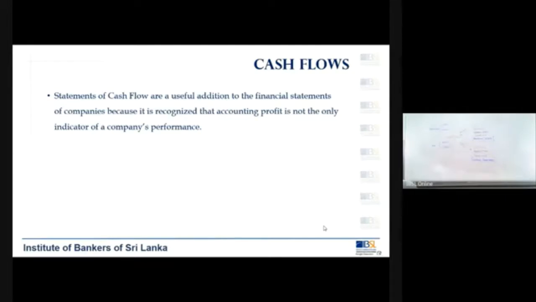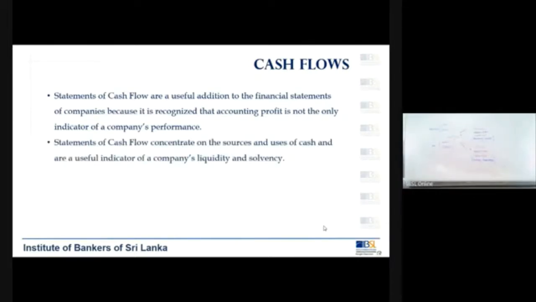That is why it is not merely the accounting profit that somebody would be worried about. There is something else, which is the cash position. So it is very important that you meet the cash requirements of a company.